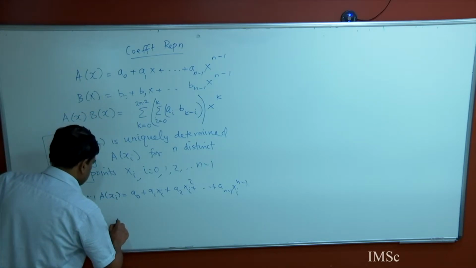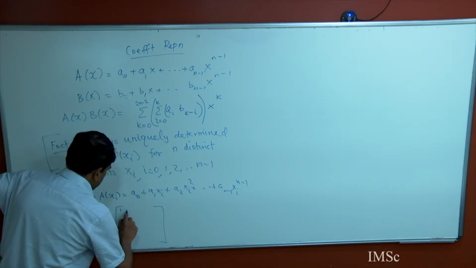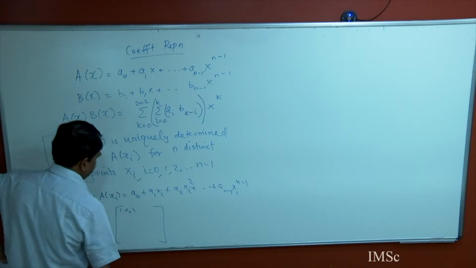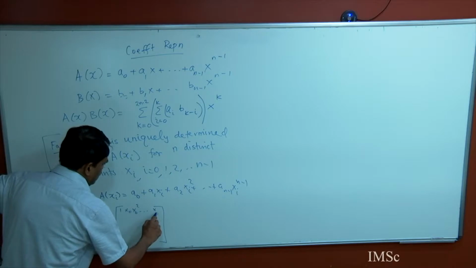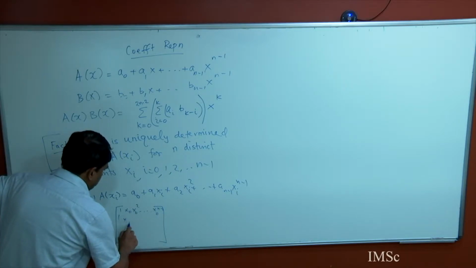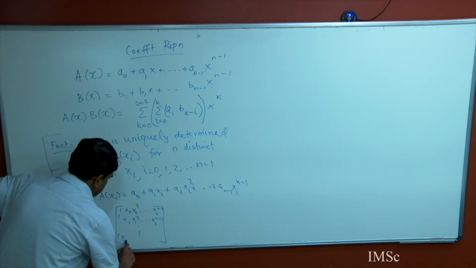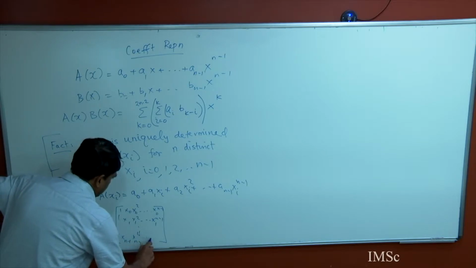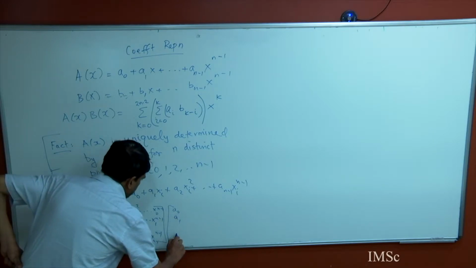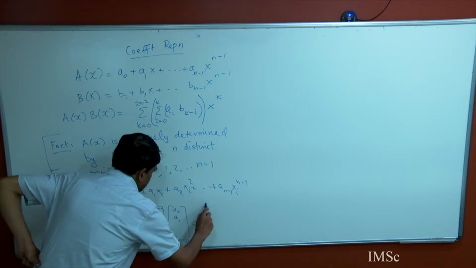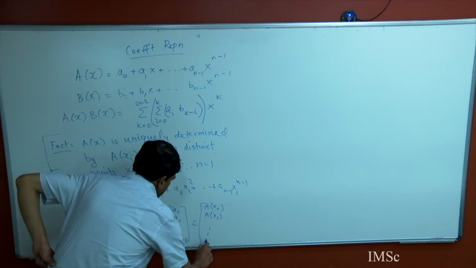The way to write this is, so I have this matrix with rows 1, x0, x0 square, up to x0 power n minus 1; 1, x1, x1 square, and so on; up to 1, x(n minus 1), x(n minus 1) square, up to x(n minus 1) power n minus 1, into the column a0, a1, up to a(n minus 1), which is exactly A(x0), A(x1), up to A(x(n minus 1)).